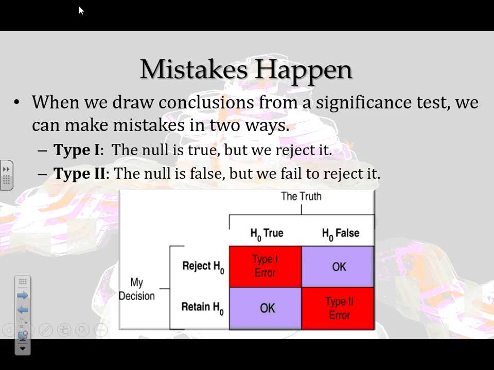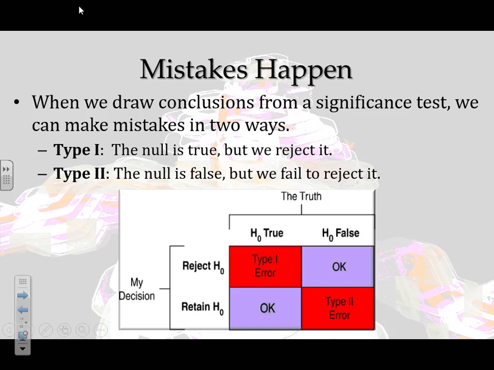So here's the truth along the top. So the truth is, the null is true or the null is false. We're going to make a decision based on our sample values and the conclusion of our test. So my choices are to reject the null or fail to reject the null.